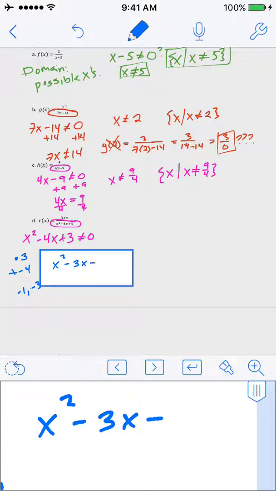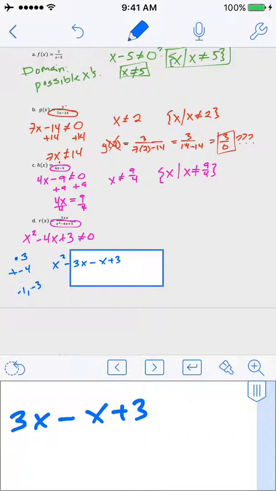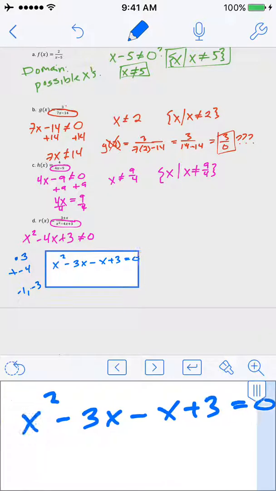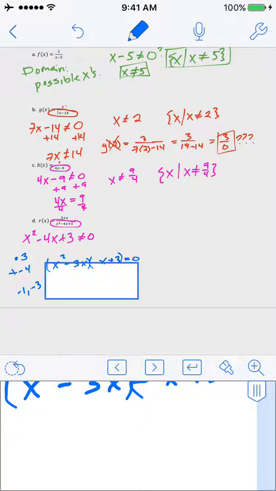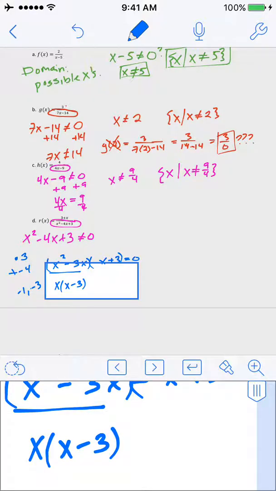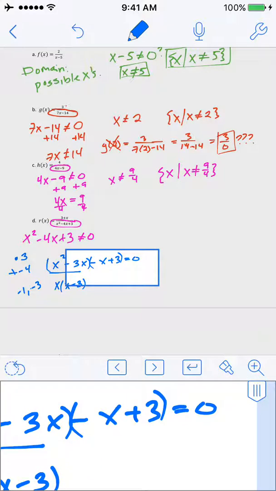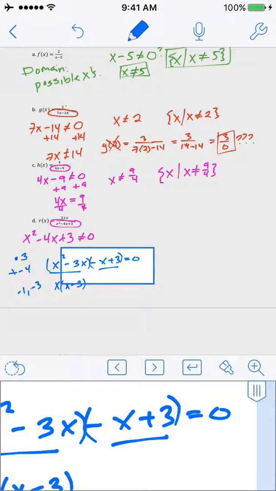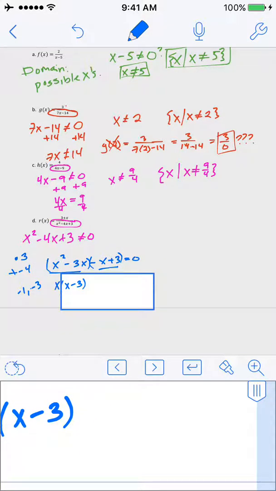x squared minus 3x minus x plus 3 equals 0. Now I can factor by grouping. I get x minus 3. I'm taking the GCF of the left, this first group. GCF of the next group, well, they really don't have much in common, but I'm going to pull out that negative because I don't like negatives in front. I get x minus 3.